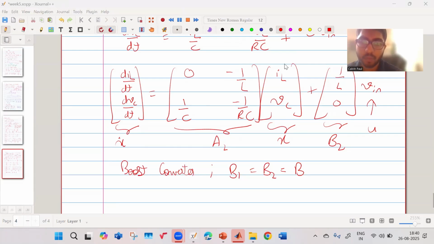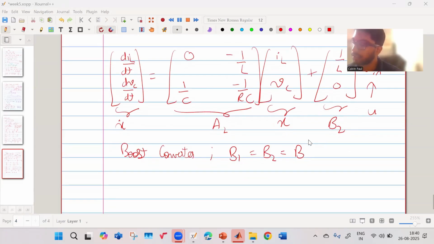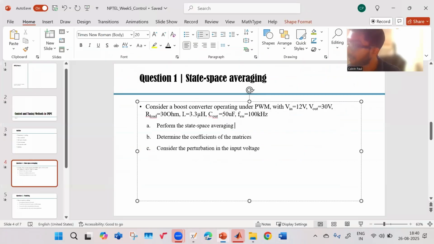Now we have got this, so what does the question say? We have to perform state space averaging. Let us do state space averaging.